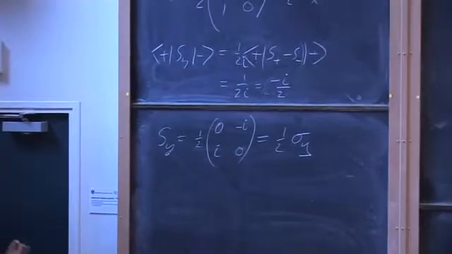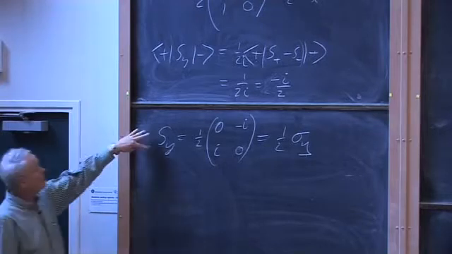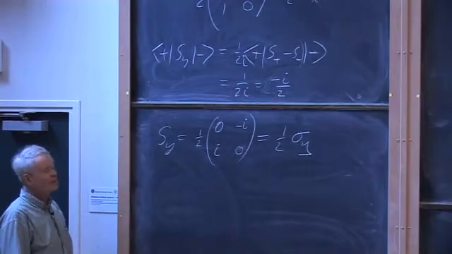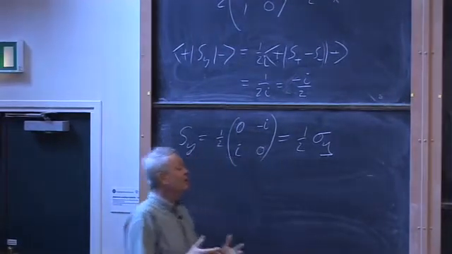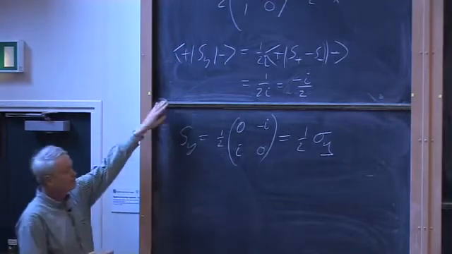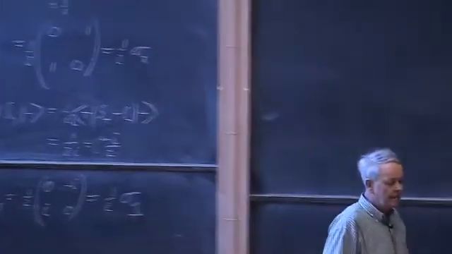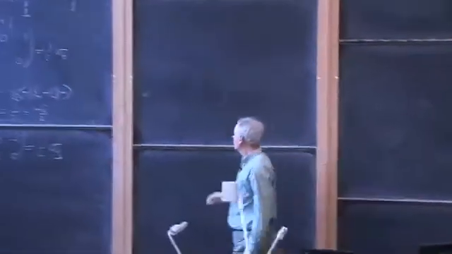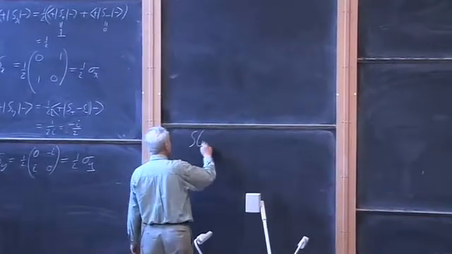So that's where the Pauli matrices come from. They're simply the matrix representations of the spin operators in a basis, when you choose as your basis the eigenvectors, the eigenkets of sigma z. So let's use this apparatus to do something slightly interesting.